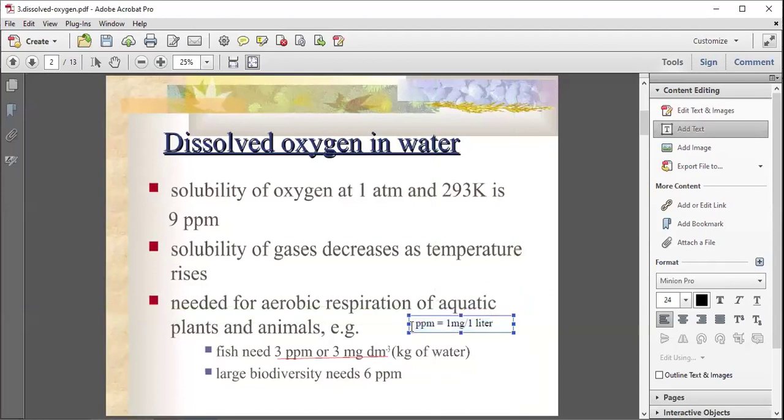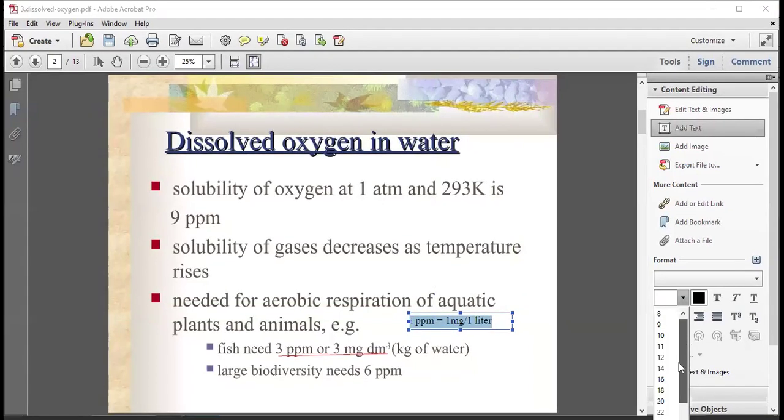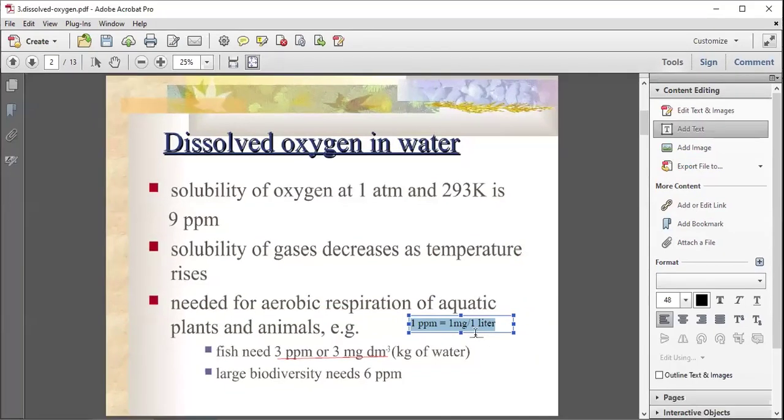1 ppm is equal to 1 milligram per 1 liter. So we have to know 1 centimeter cube is how many milligram.